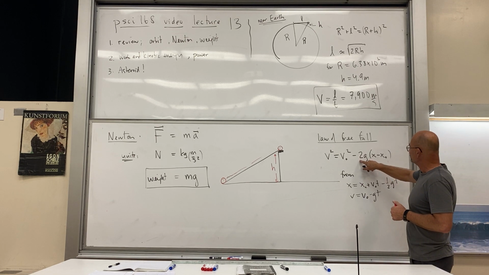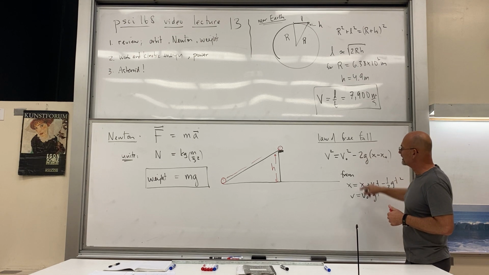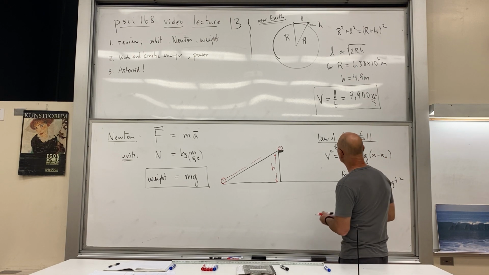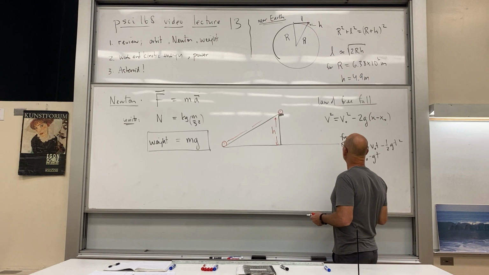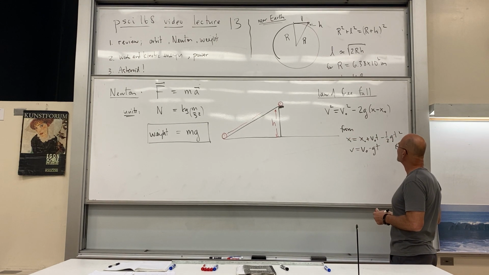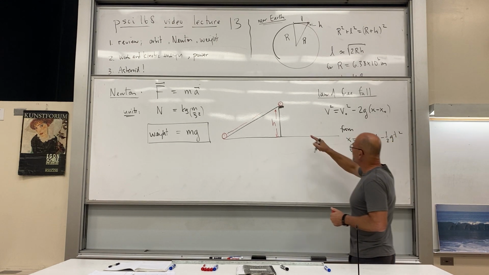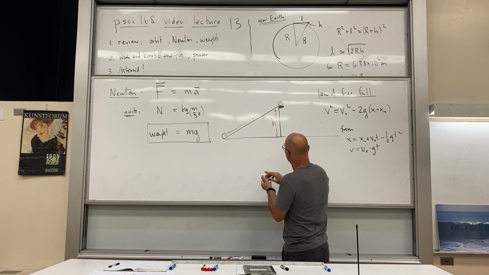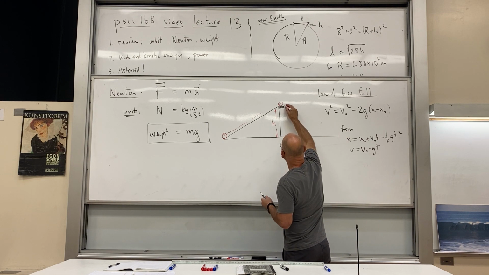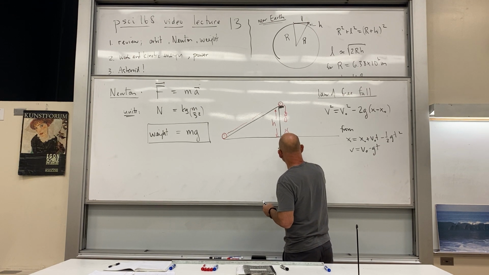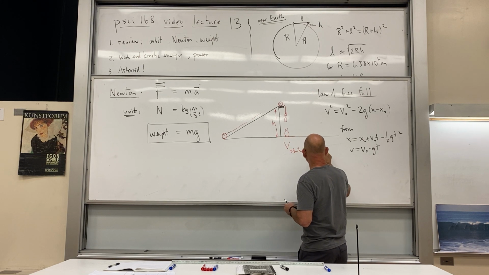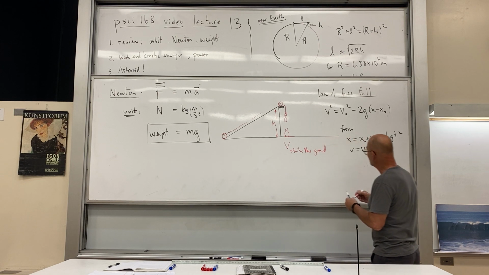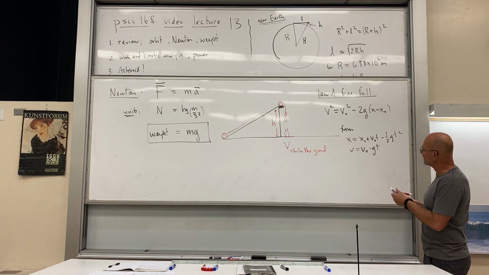So let's go ahead and construct this thing right here. We're going to drop this object from here. It's going to pick up speed and it's going to strike the ground. V when it strikes the ground. So the speed when it strikes the ground we can get out of this.